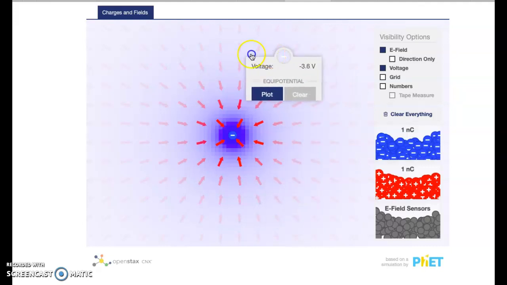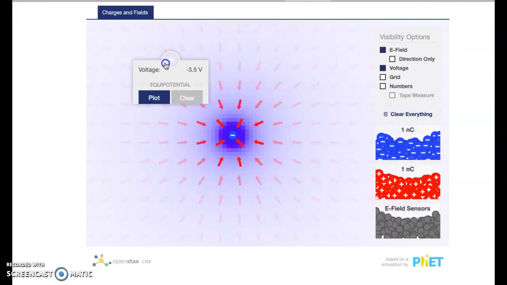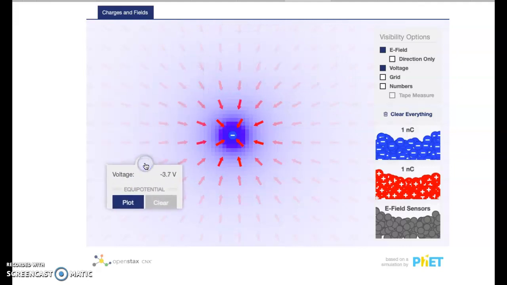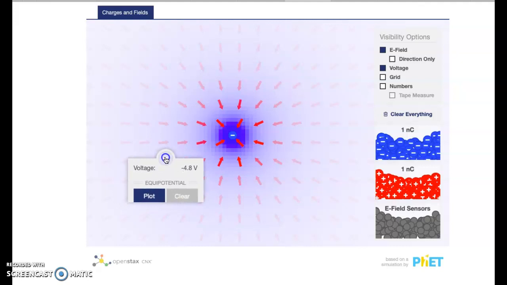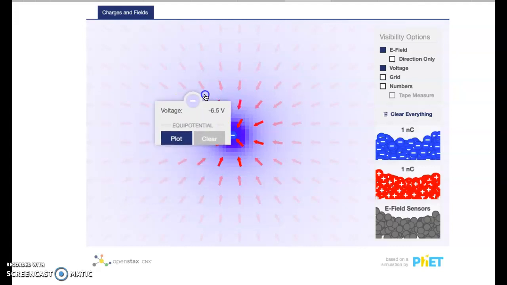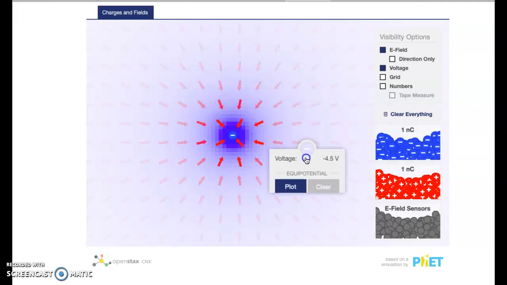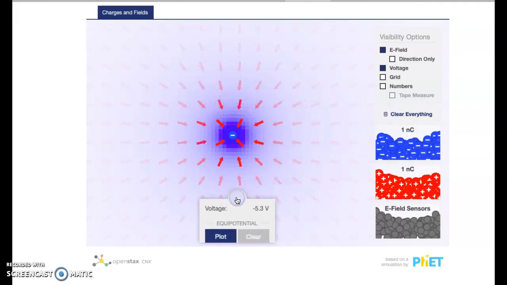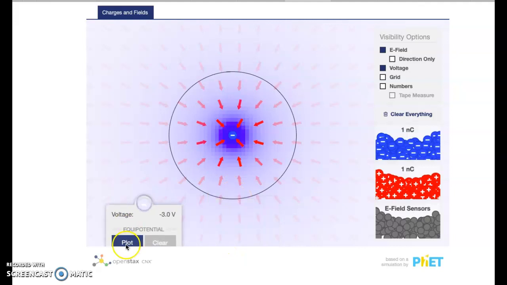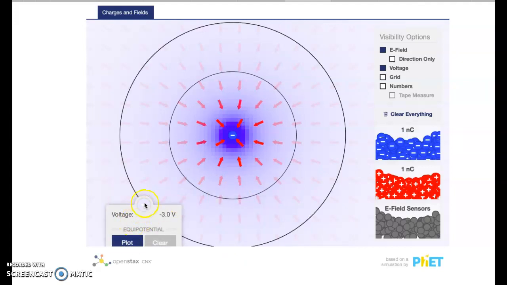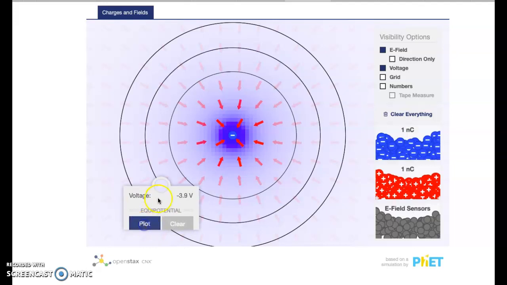So this circle right here is an equipotential line, and if I move in and go to 5 volts, I can find another circle, another circle here. That's all 5 volts. And so you can actually plot that. Look, there's that equipotential line. You can move out, plot this one, right? So you can plot equipotential lines at different locations, and then you can draw those on your paper as well.